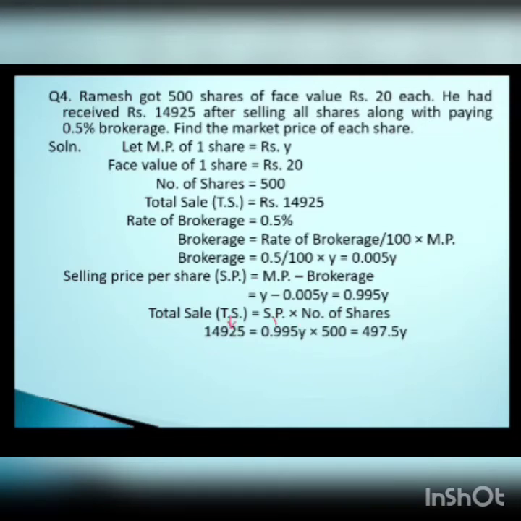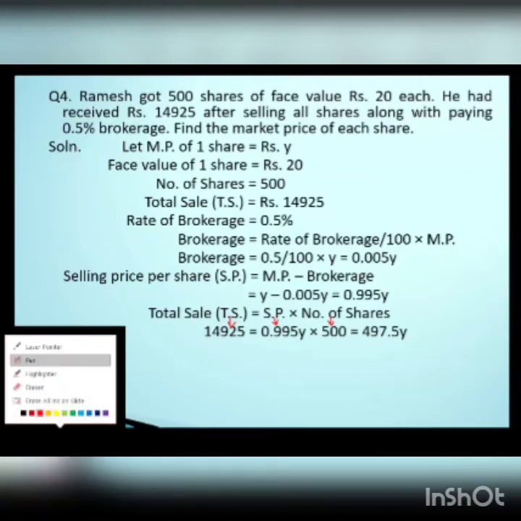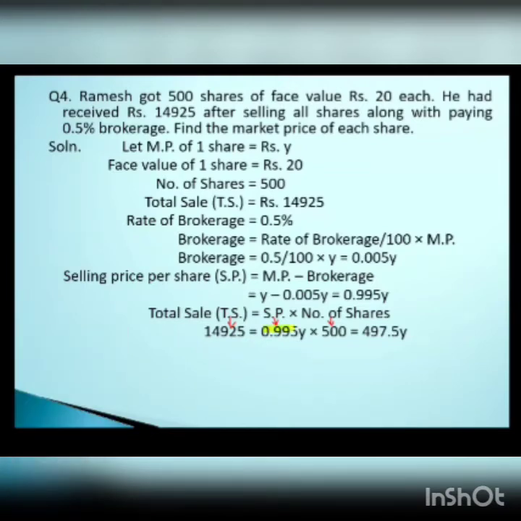SP is given to be 0.995y. Number of shares कितना दिया है? 500. So you need to multiply now. Which two components will be multiplied? This 0.995, इसको अगर हम लोग 500 से multiply करेंगे, then that is going to make 497.5. That is how we are going to multiply 0.995y into 500.